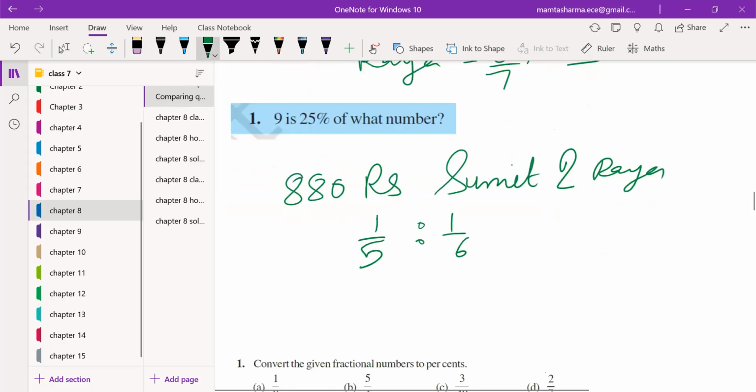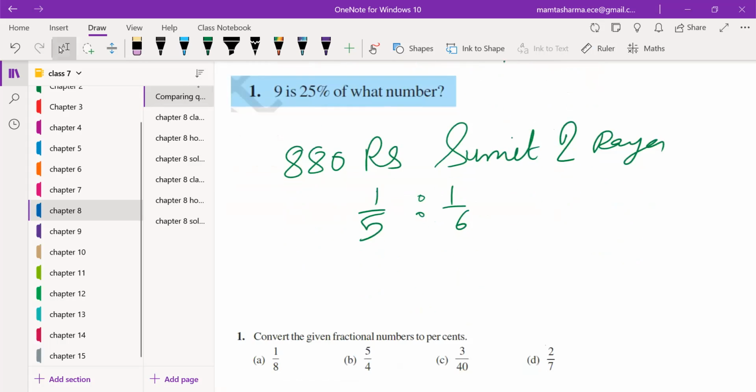So this is also, I think, the same. First of all, count the total part. Total part would be 1/5 plus 1/6. Take the LCM and then add.